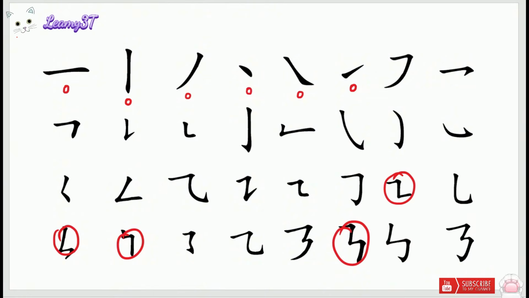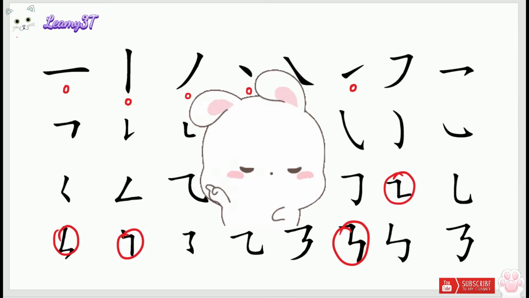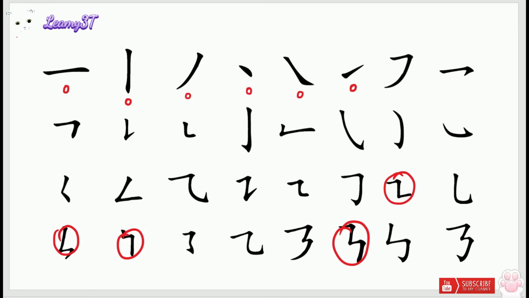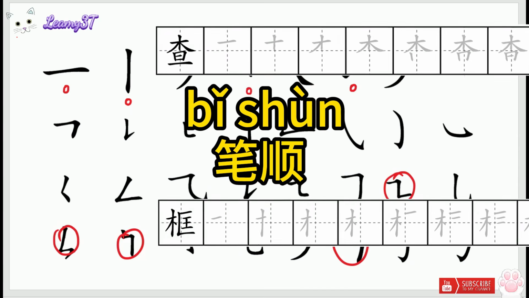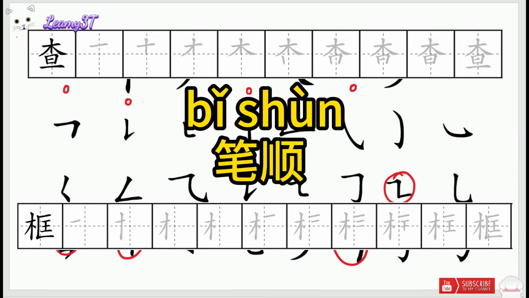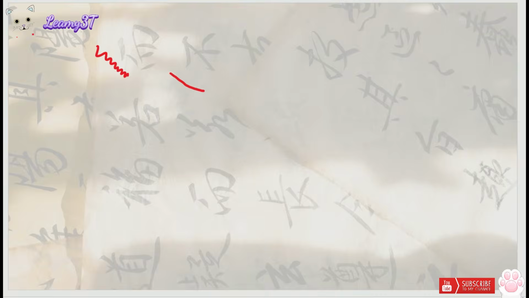However, just recognizing the strokes that make up a Chinese character is not enough. You also need to be able to combine them in the correct order, which is also called 笔顺. In other words, you need to understand the correct stroke order. Okay, so in the correct way, I should write this character like this.